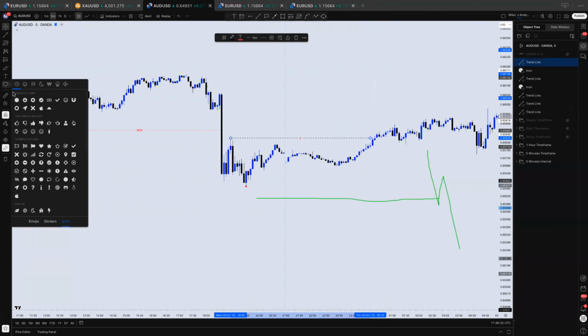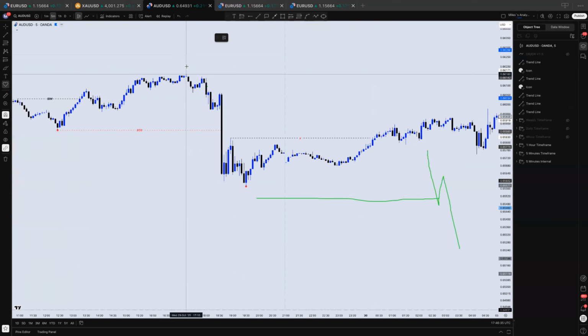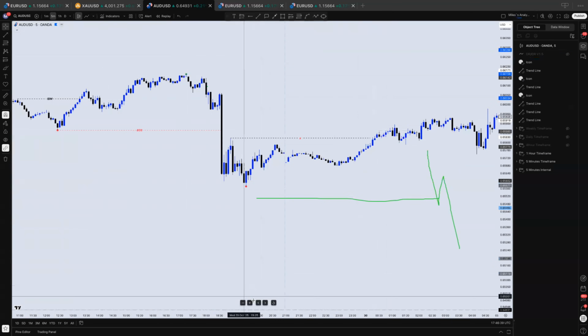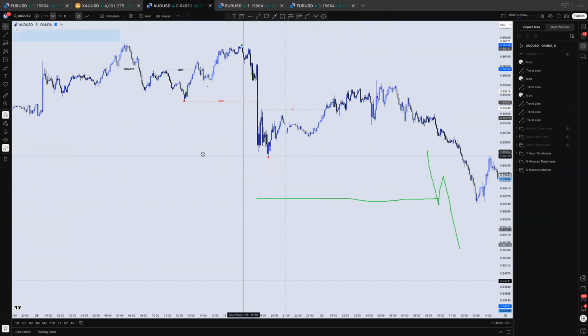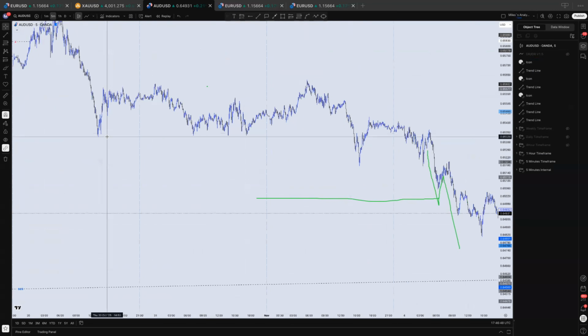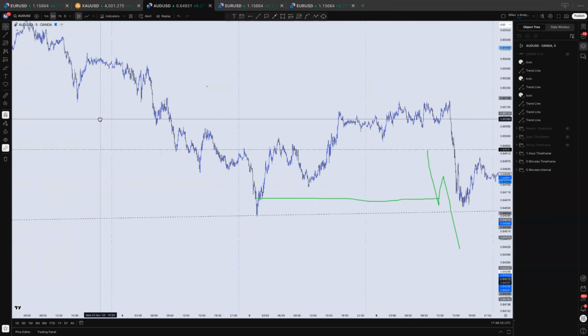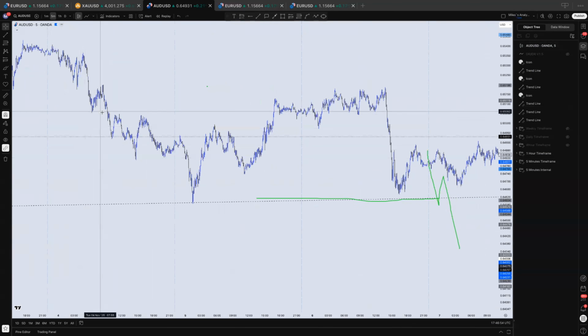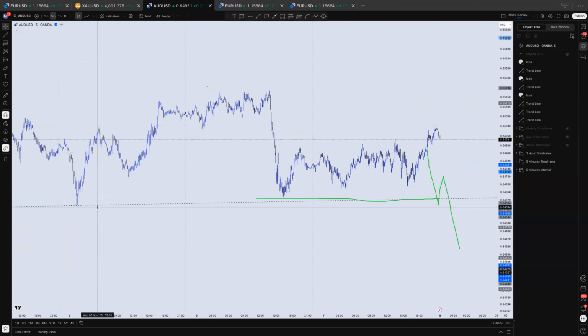The point that made the breakout structure, this highest point, will be our valid higher low, and this will be the current structure on AU. Then this is another breakout structure possibly here, another breakout structure, then this will be a change of character, then here.